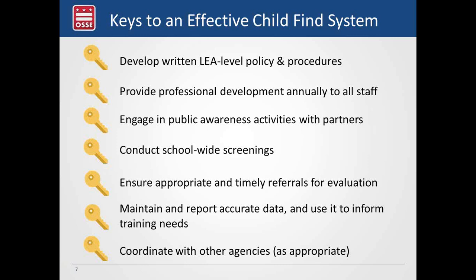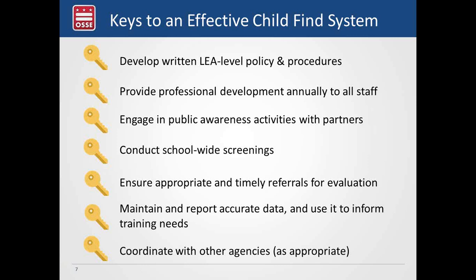This can include public awareness for other community groups or after-school programs, any population that works with your students that might be a source of referral or a source of information if that student does go through the initial evaluation process.